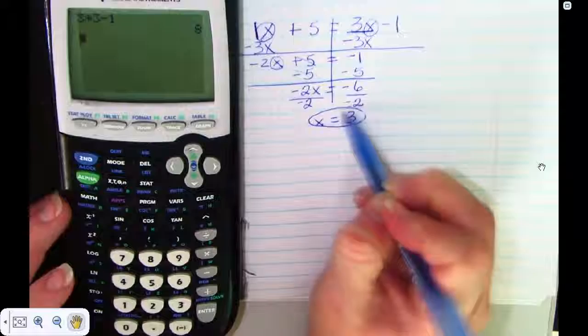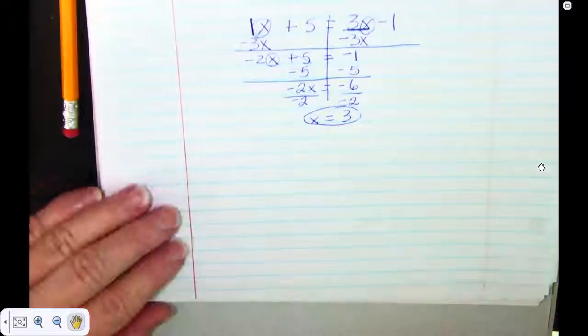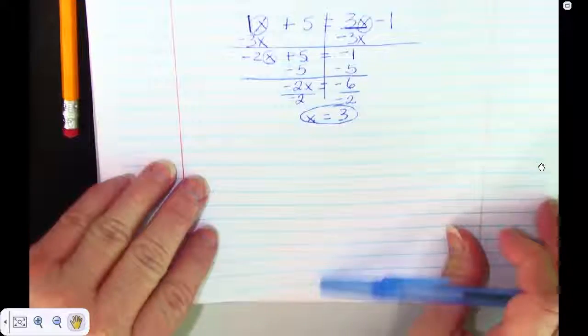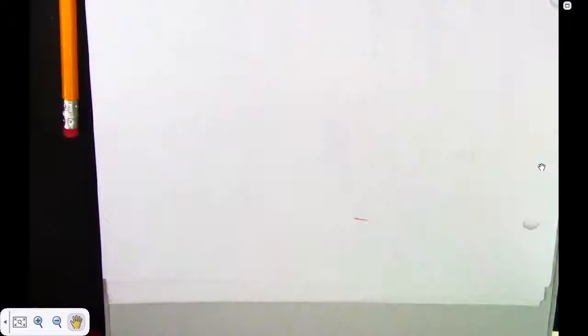So x equals 3. Okay. So we're just adding a step to these problems. The first thing you have to do is get the variables on one side. So put that to the side.